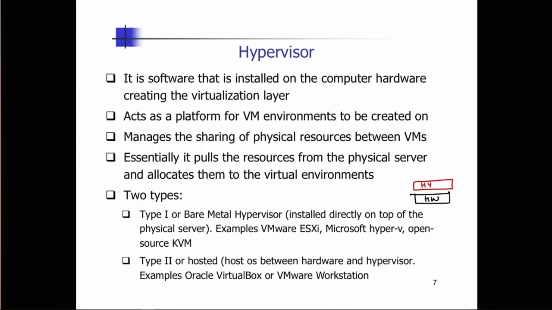And in type 2, we have hardware, and on top of that, we have a host OS, and there is the hypervisor on top of that. Some examples include Oracle VirtualBox or VMware Workstation. So these are essentially end user virtual machines, and you might have used one to, for example, run Linux on a Windows machine.